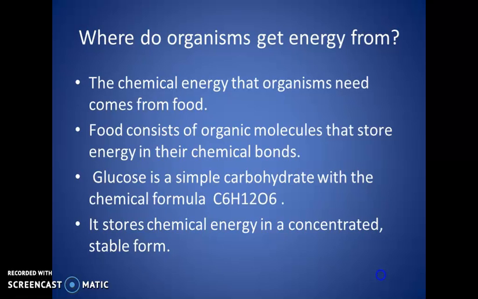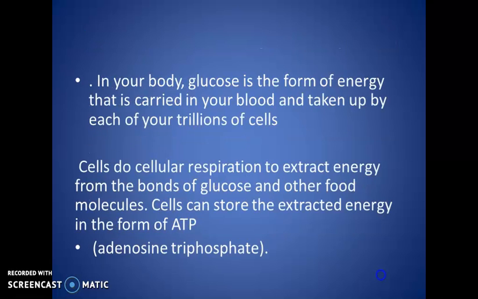Glucose is a simple carbohydrate with the chemical formula C6H12O6. It stores chemical energy in a concentrated, stable form. In your body, glucose is the form of energy that is carried in your blood and taken up by each of your trillions of cells.